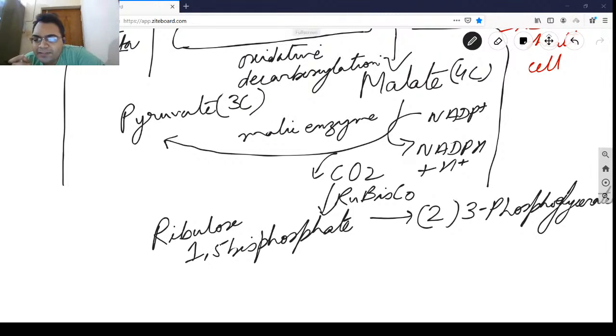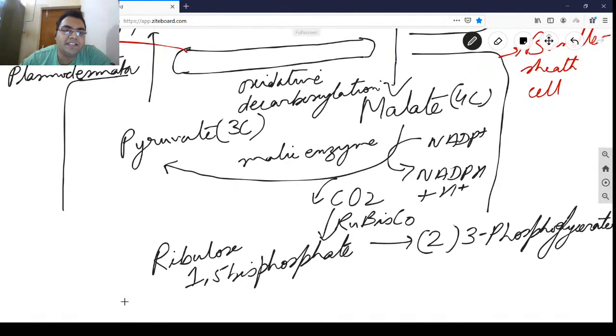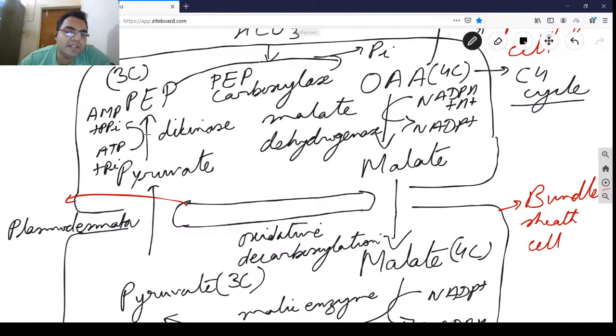So first pyruvate is phosphorylated to become PEP, and phosphate is phosphorylated to become pyrophosphate. Just look at this reaction. This Pi is added extra, so this phosphate becomes pyrophosphate, and AMP will release two Pi. Don't get confused here.